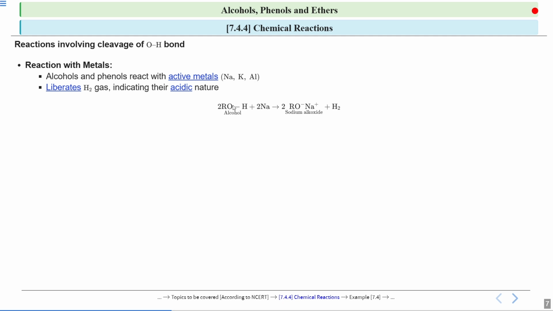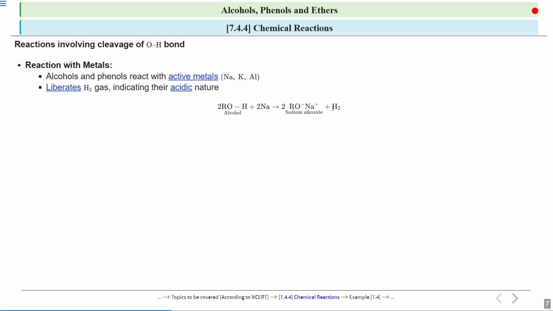If it acts as an acid, it will give away this H plus. This is the tendency of alcohol, that it donates a proton. So when it reacts with a metal, a sodium alkoxide is formed, that is RO minus Na plus. And see here, hydrogen gas, H2, is liberated.